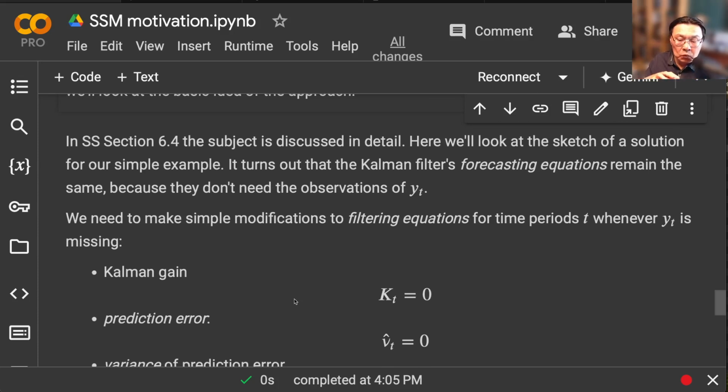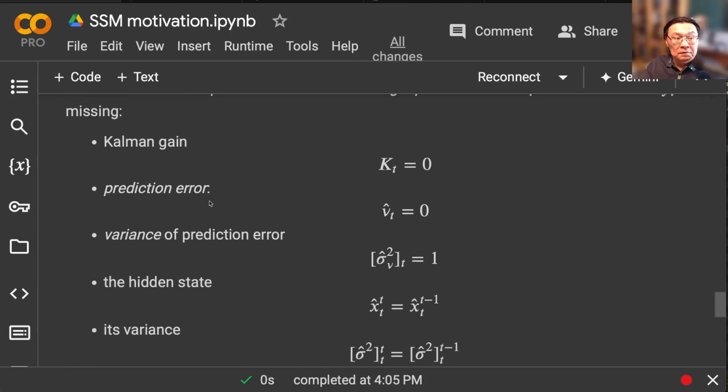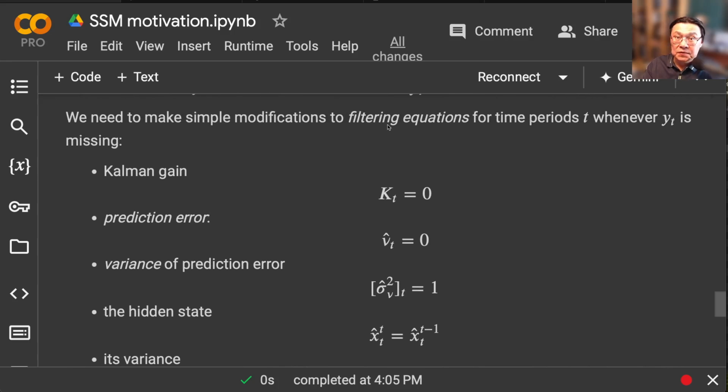It can get quite involved for more complicated vector models and so on. But for this very simple model, it turns out to be very easy. You can find it in section 6.4 of Shumway and Stoffer's textbook. But basically it boils down to modifying those filtering equations in the Kalman filter.